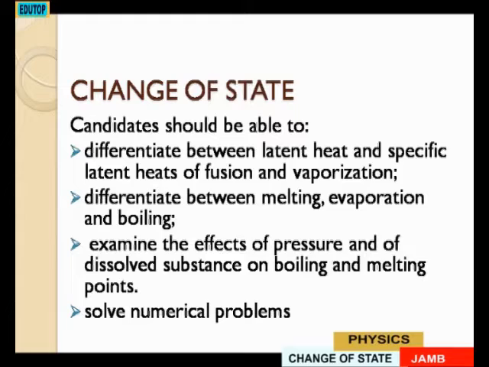At the same time, the candidate should be able to differentiate between melting, evaporation, and boiling. Candidates should be able to examine the effects of pressure and of dissolved substances on boiling and melting points. And finally, the candidate should be able to solve some numerical problems.